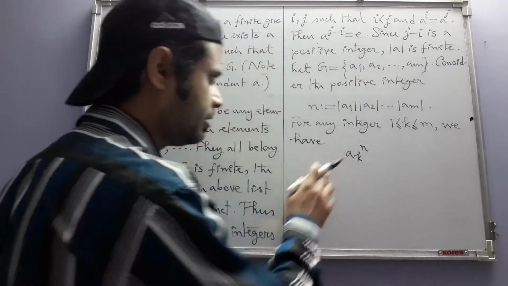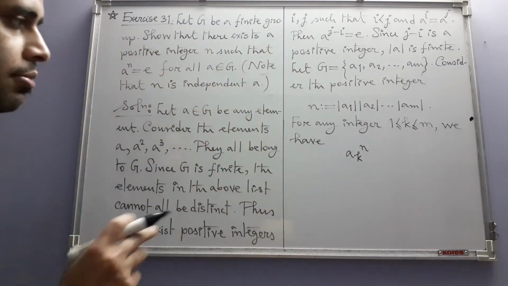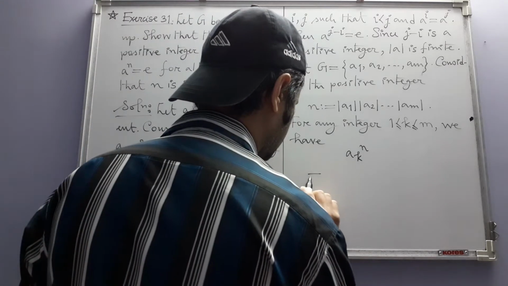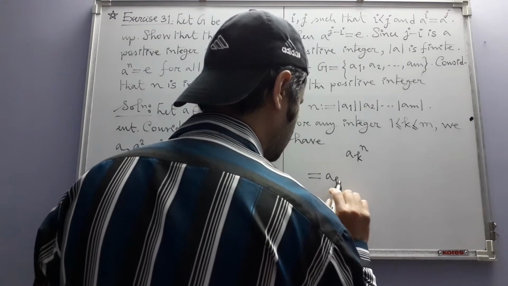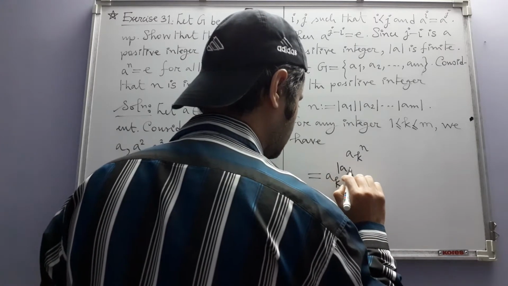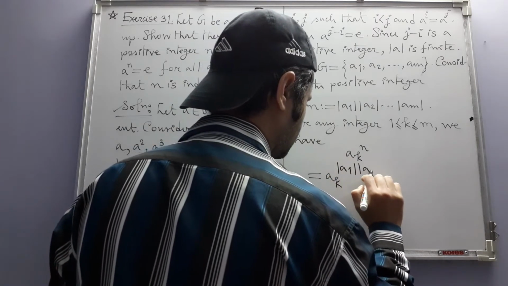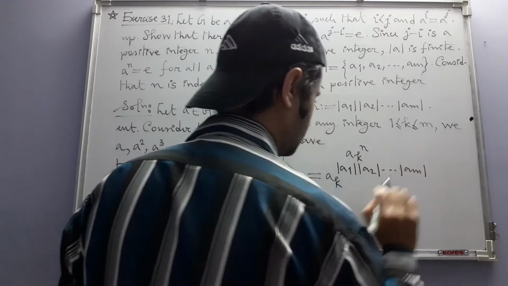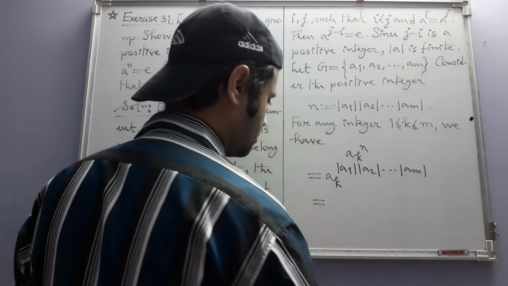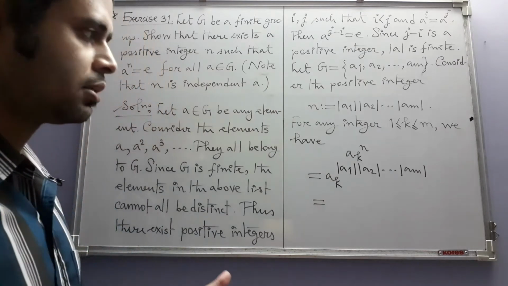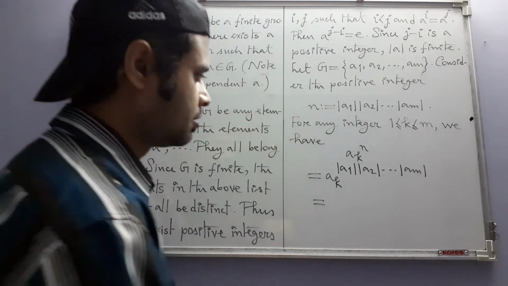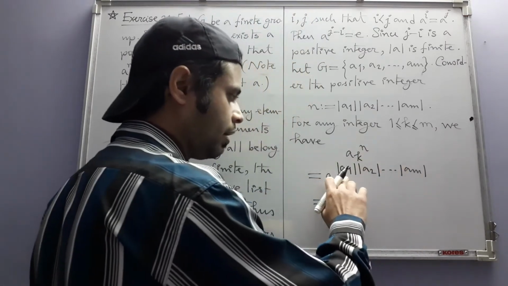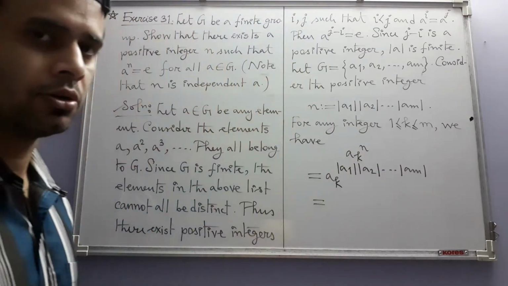Okay, so ak is any element in G, so we are calculating the nth power of ak. Now by one of the rules of exponents, this order of ak will appear somewhere in this product.